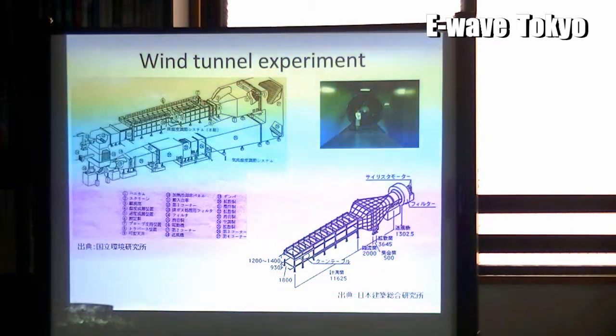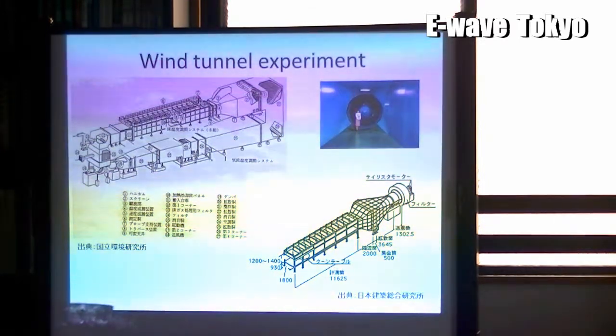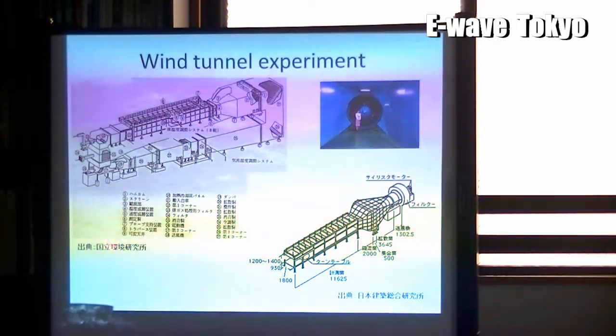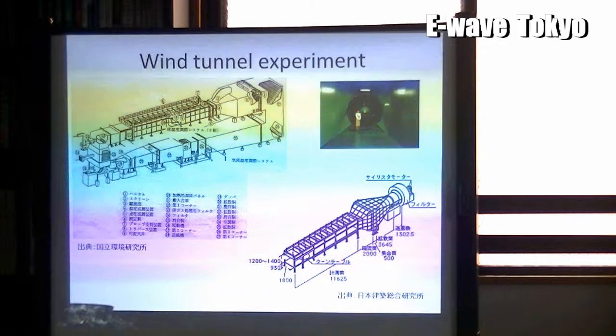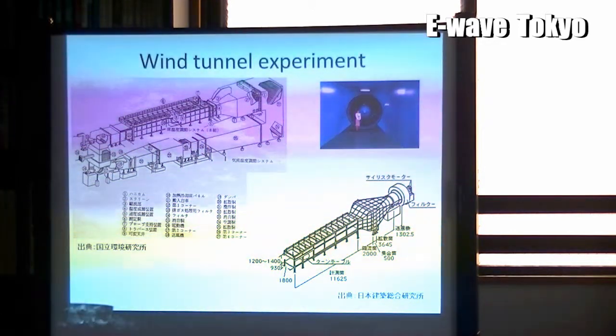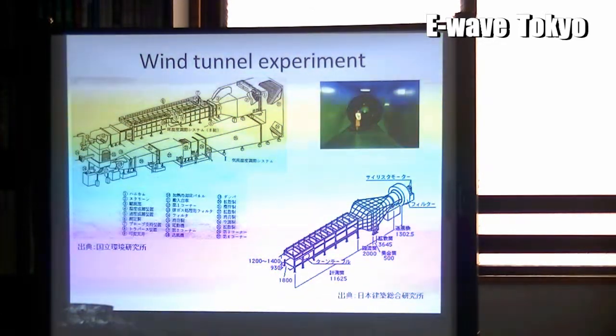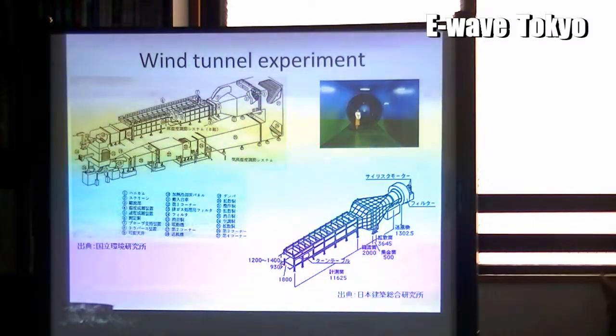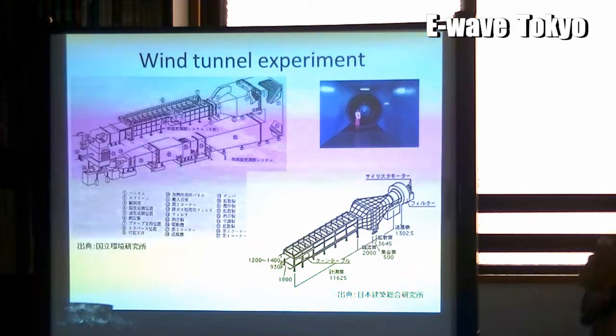This is done by the National Institute of Environment, right? When was it? Validation of the computer model by this kind of experiment is very, very expensive. Yeah. Malaysia doesn't have a wind tunnel facility.